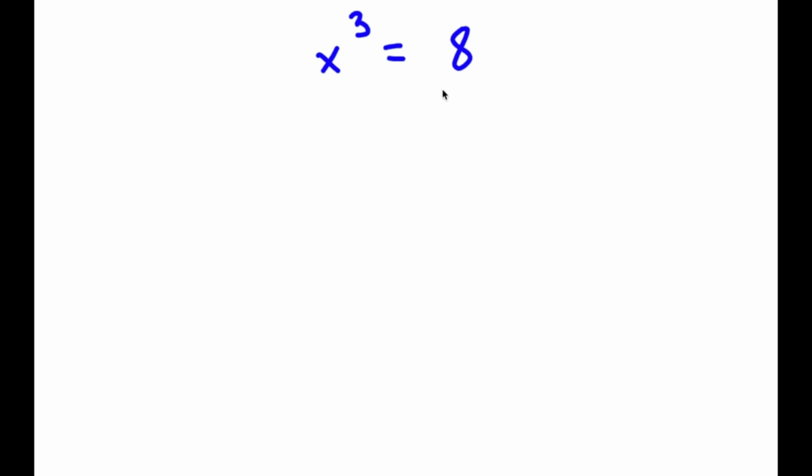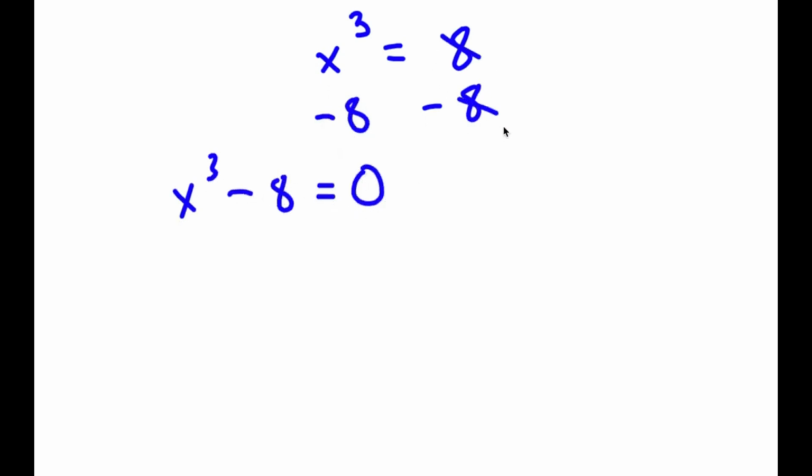So to solve this problem, I'm going to first subtract both sides by 8. So now I have x to the power of 3 minus 8 is equal to 0. Now 8 is the same as 2 to the power of 3.